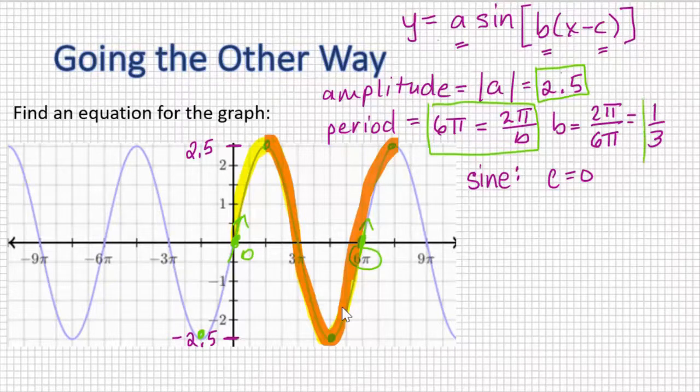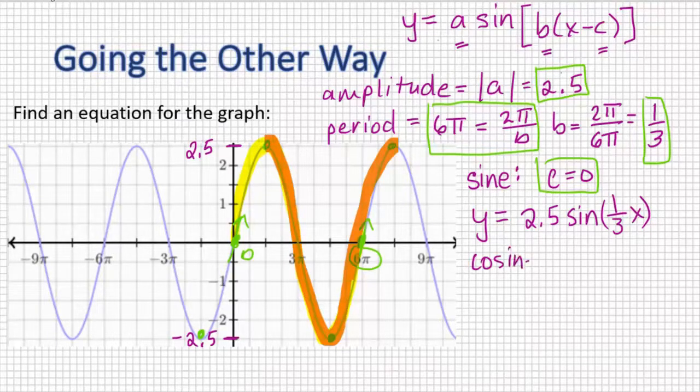A value for b of 1/3, and a value of c of 0. So our sine function is y is equal to 2.5 times the sine of 1/3 x, plus c or minus c, but c has a value of 0.